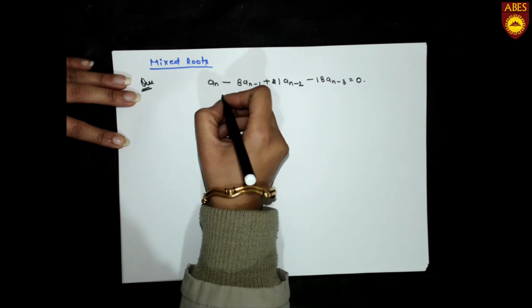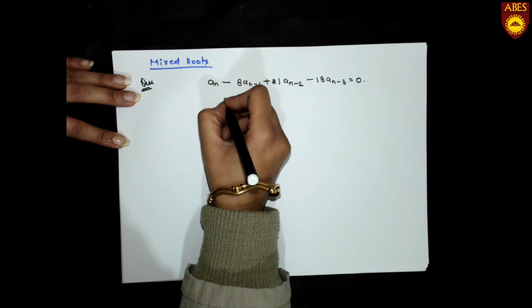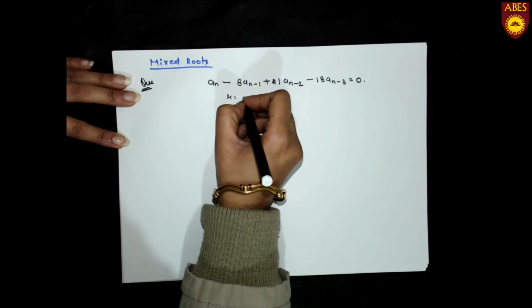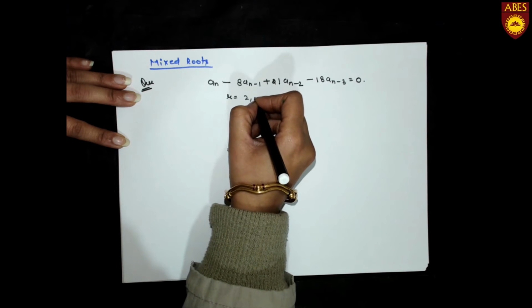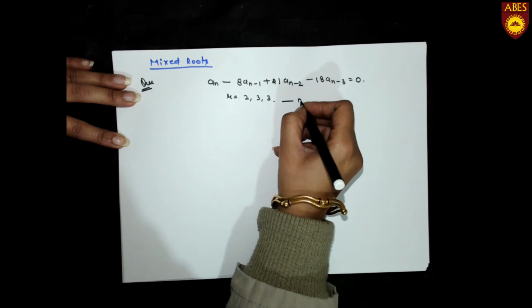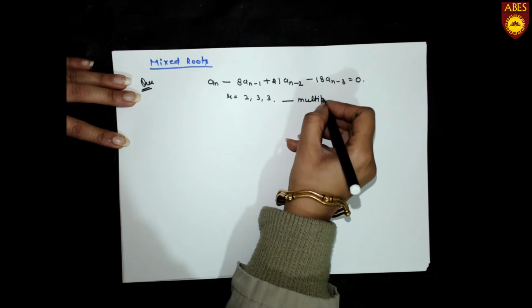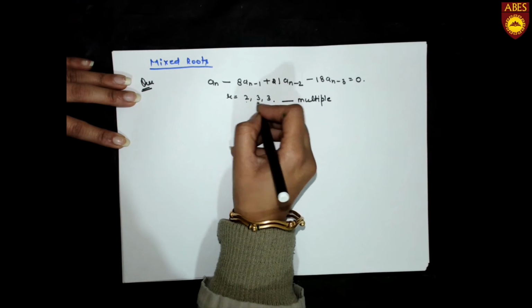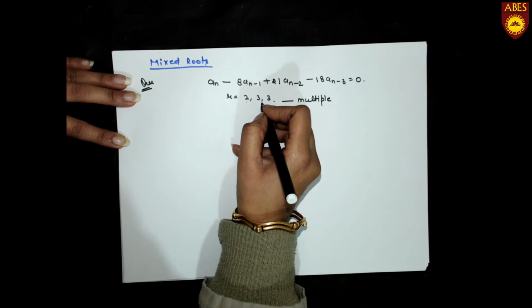By using the hit and trial method, you can calculate the roots of the equation, and the roots will be r is equal to 2, 3, 3. Here you can see 2 is distinct and the multiplicity of root 3 is 2.